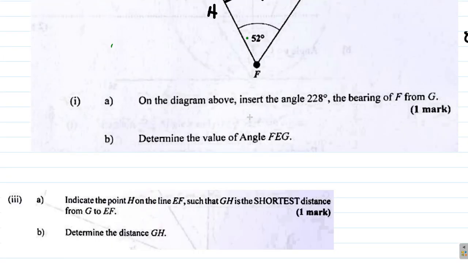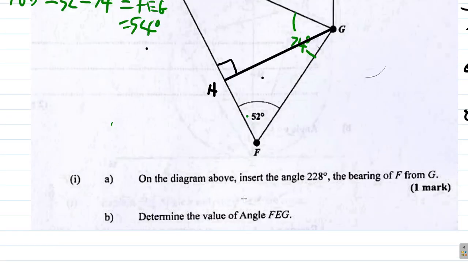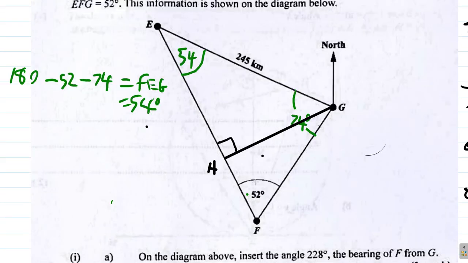Now, determine the distance GH. Here we will concentrate on this triangle. You can see that triangle. It's a right angle triangle. You have 90, you have 54, so you can find the other angle. What angle is this?